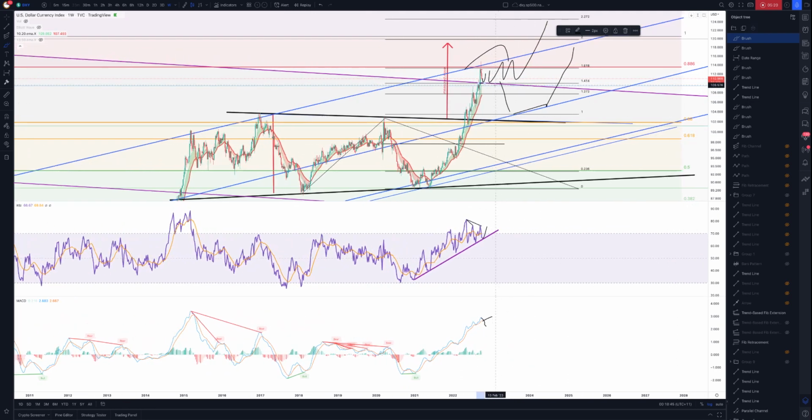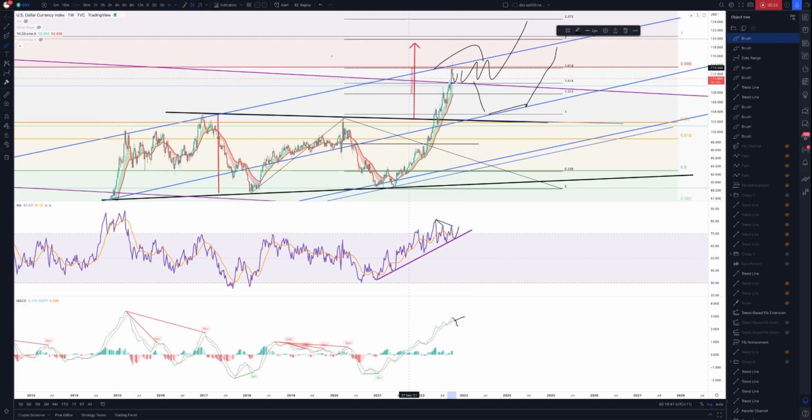So there is a likely chance that we still go sideways there, and it could potentially, like I said, go to the upside over a bit of time, hit this level. If this was to go, it could still probably hit that level and then continue on.